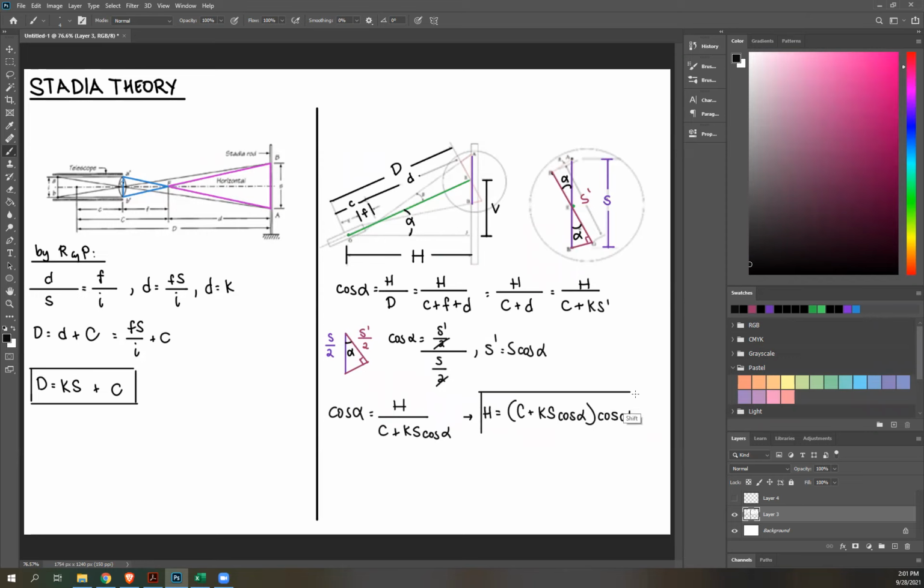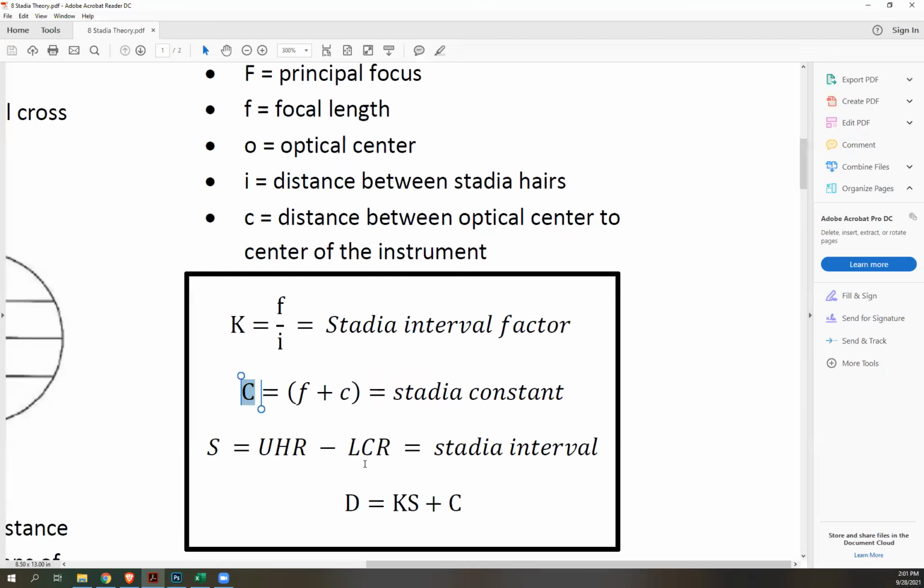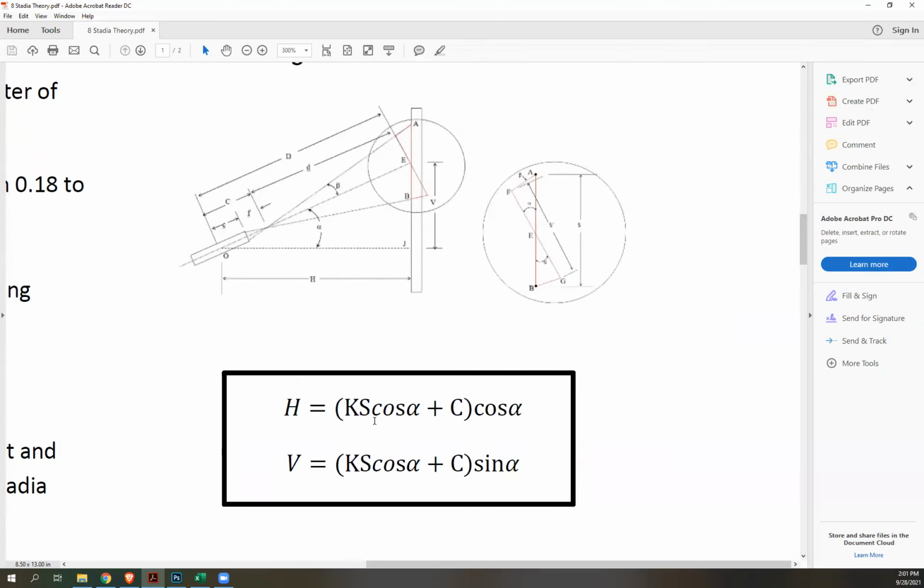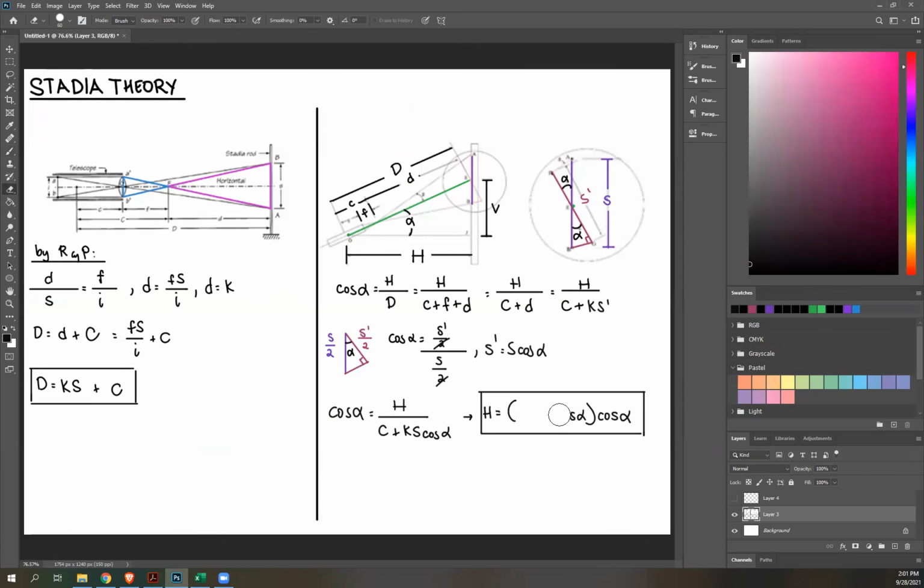And that's how you get that equation. Now let's rewrite that: Ks cosine alpha plus C instead.